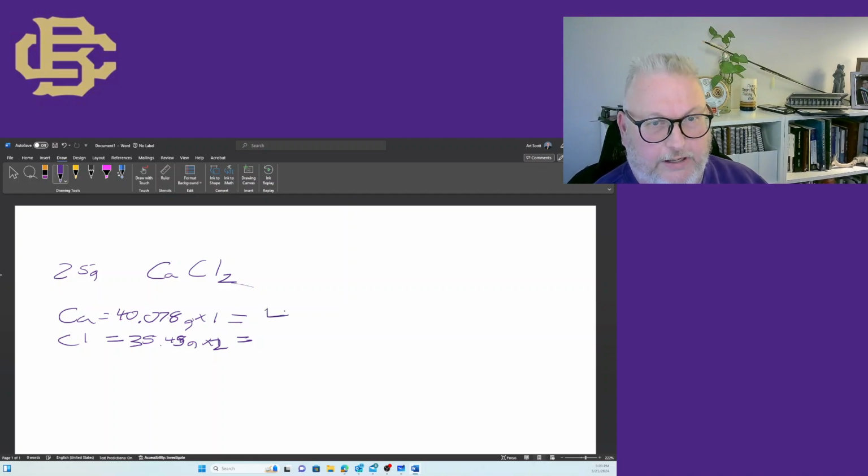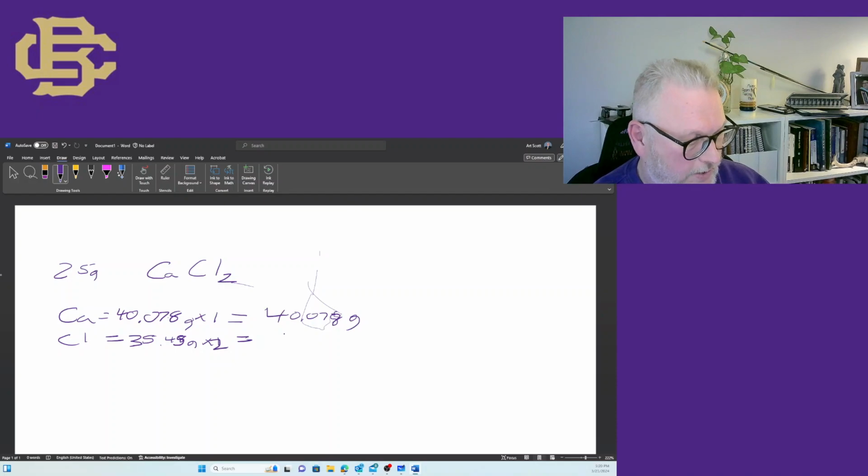It's 40.078 grams to get 1 mole. So 2 moles of chlorine is 2 times 35.45.